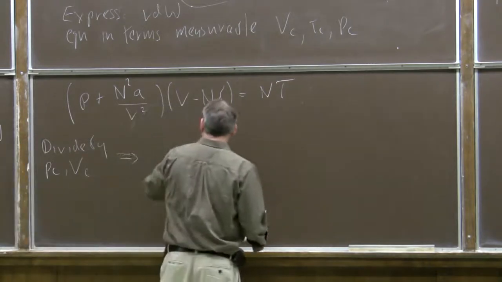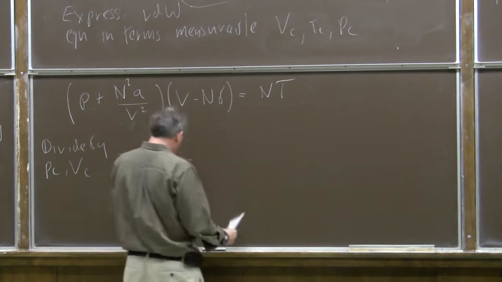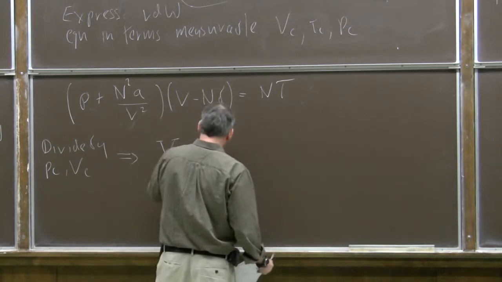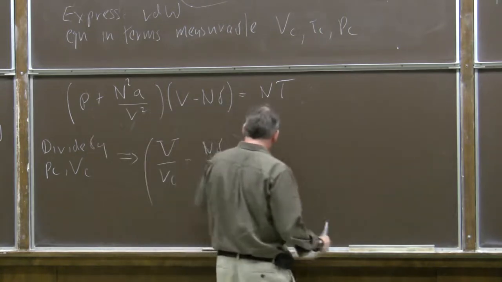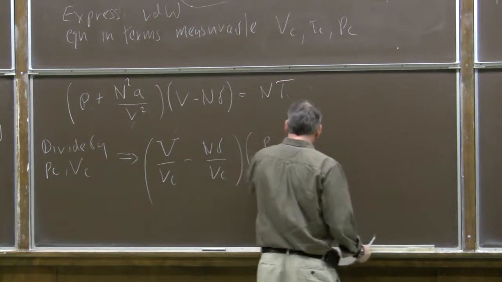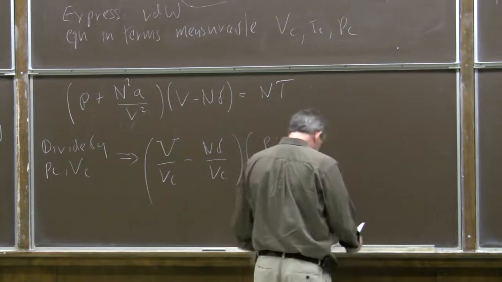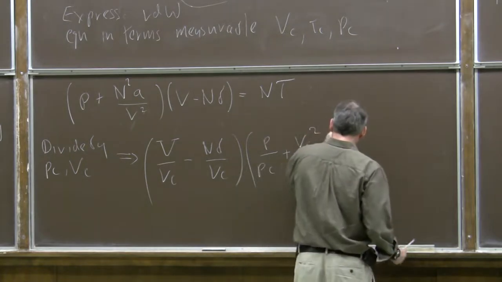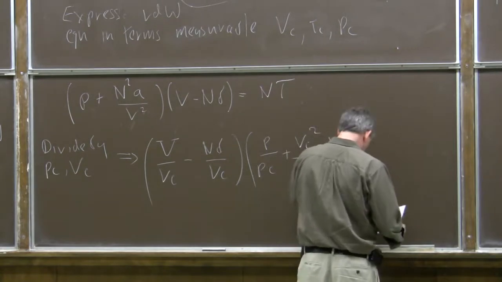So this factor becomes V over VC minus NB over VC. This, when we divide by PC, becomes P over PC plus, and then it'll be convenient to write VC squared over V squared times N squared A divided by VC squared PC.